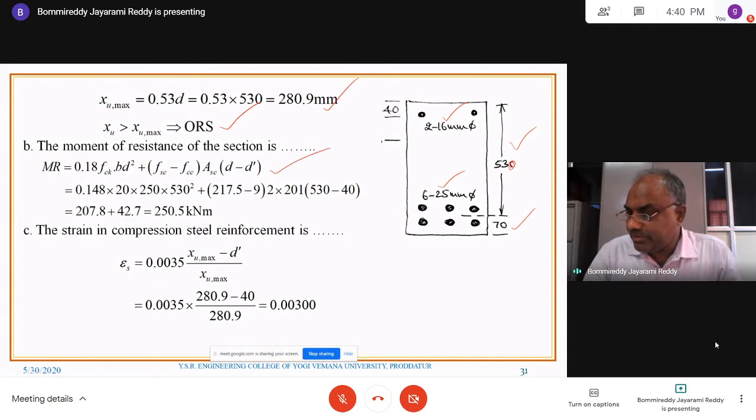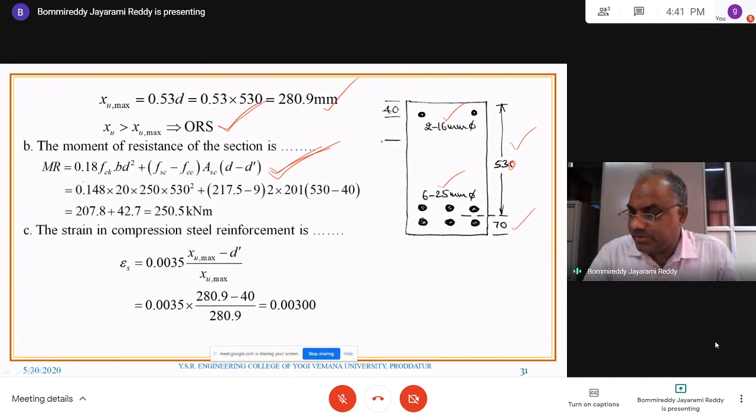I told you, I'm again telling, in case of doubly reinforced section, whether it is singly reinforced or doubly, whether it is over reinforced or under reinforced, use only the formula relating to compressive forces. That is easy for computation. Anyway, here it is over reinforced.